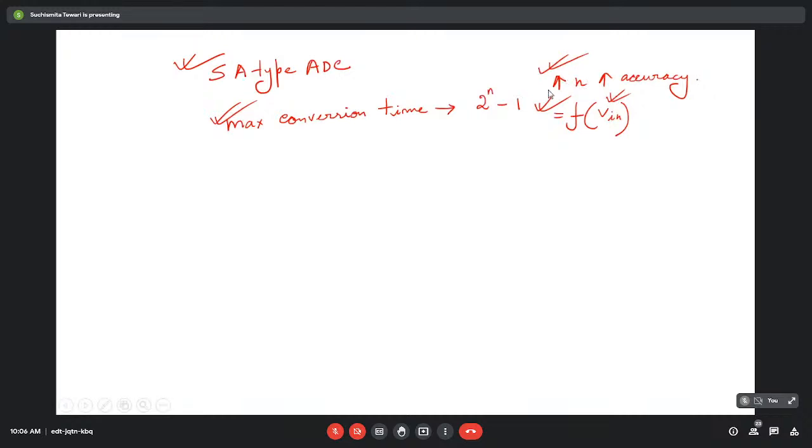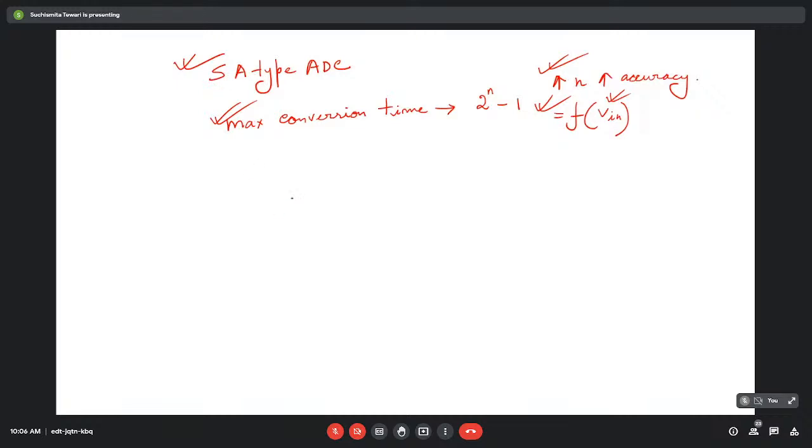We want to reduce the maximum conversion time, and we want to get rid of this dependency. That is, we want to measure the output at fixed intervals of time. That will be easier. So in successive approximation type ADC, it has to do with some kind of successive approximation or successive comparison.